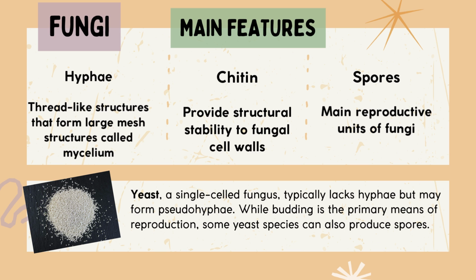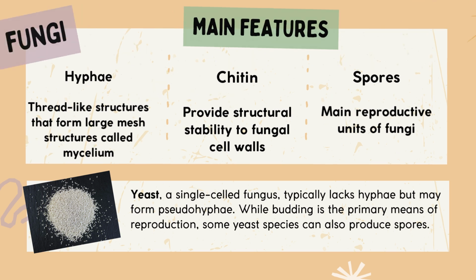Hyphae are thread-like structures that form a large mesh structure called mycelium. Yeast, a single-celled fungus, typically lacks hyphae but may form pseudohyphae, while budding is the primary means of reproduction. Some yeast species can also produce spores.